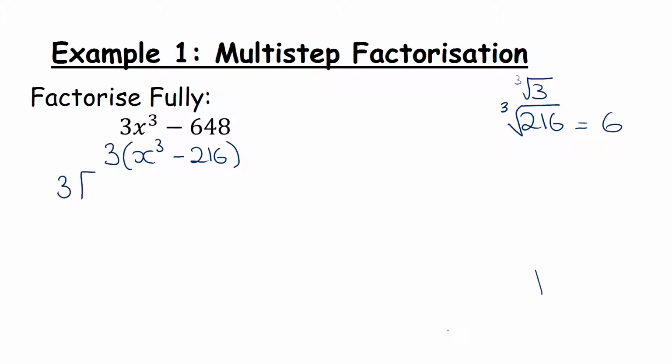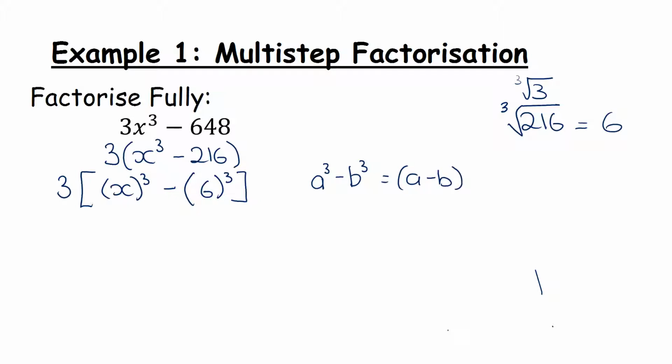So let's write this out like we usually would. We'll write the first term to the power of 3 minus 6 to the power of 3. We need to know our formula. So our formula for the difference of two cubes is a cubed minus b cubed equals a minus b. Remember that sign follows.